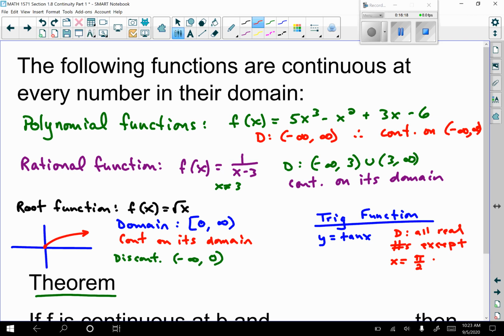So I'm just going to say k times pi, where k is an integer. So pi over 2 plus 1 pi, plus 2 pi, plus 3 pi, or plus a negative pi, which is minus 2 pi. So where k is an integer. So we would say that it's continuous on its domain, which is what I just described here.